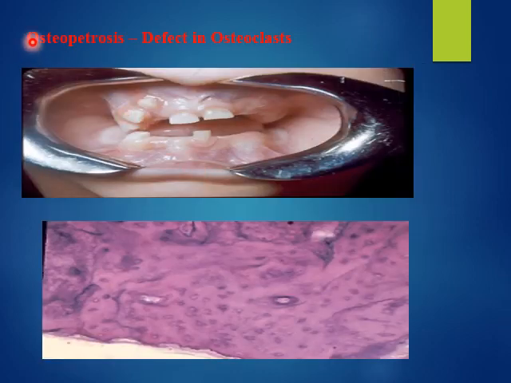Also, we have a condition called osteopetrosis, which occurs because of a defect in osteoclasts. This is the histological section of this condition, showing bone formation, mature bone. This is the osteocyte and this is the Haversian canal, with little or no bone resorption.